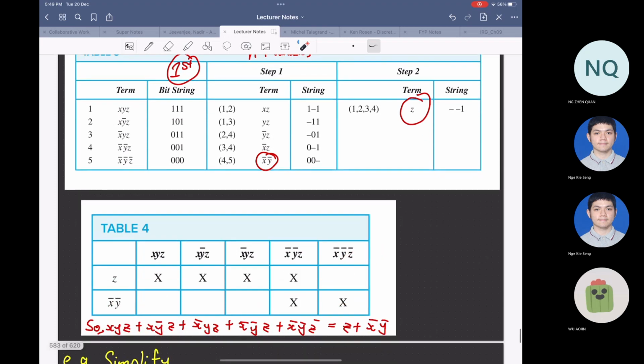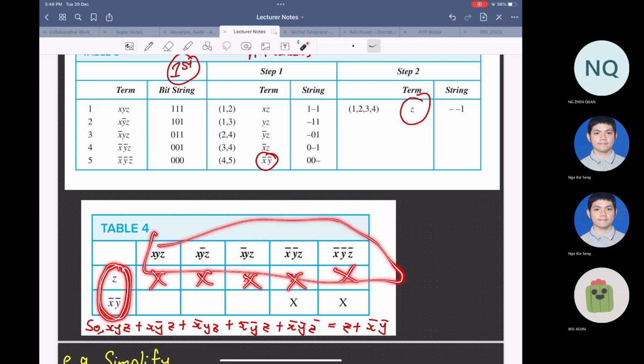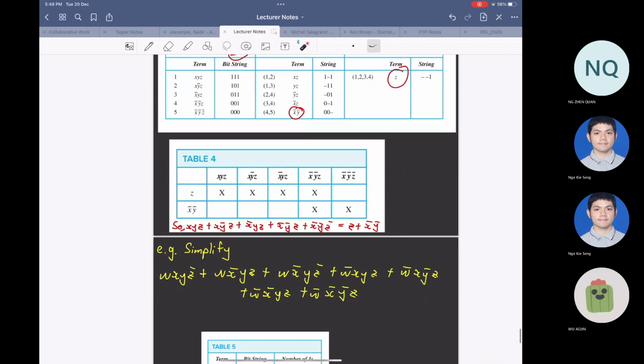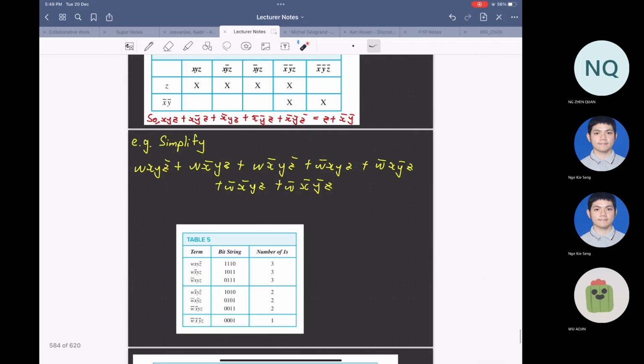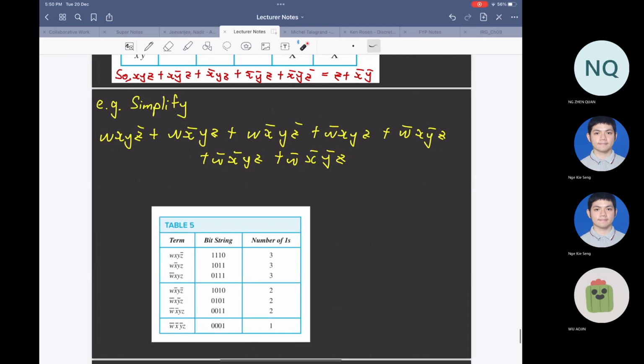Then you take the sum of min terms that represent the function here. This means when you take the sum of min terms, you need to have a cross in each column. Maybe you are confused again.